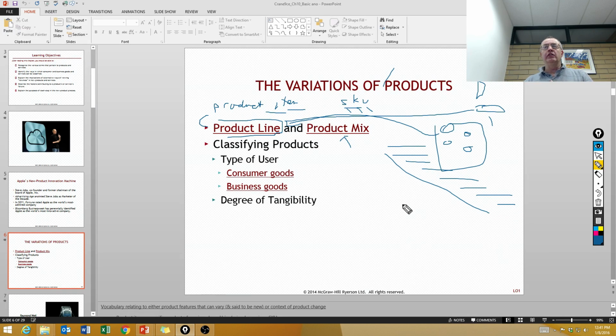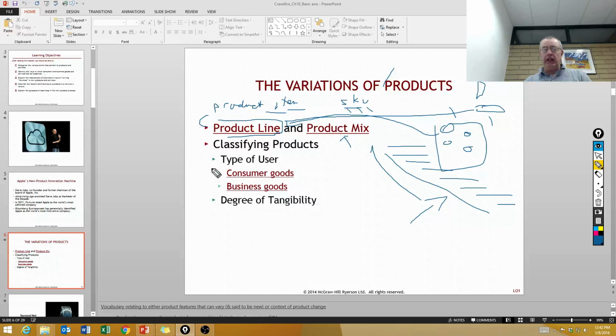Likewise, Canadian Tire has different product lines as well. They have sporting goods, and they have automotive related products or automotive services. Those are two distinct product lines. They have household goods. Anyway, Canadian Tire has a smaller product mix than a typical food department store.